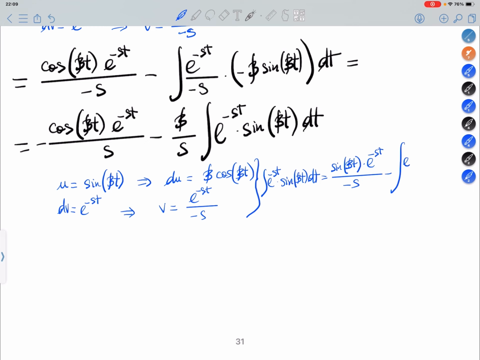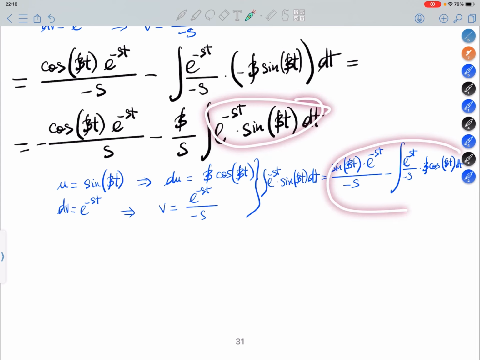Our v is e to the power minus st over minus s, times du, which is beta cosine of beta t, with respect to t. So this integral here is equal to this.